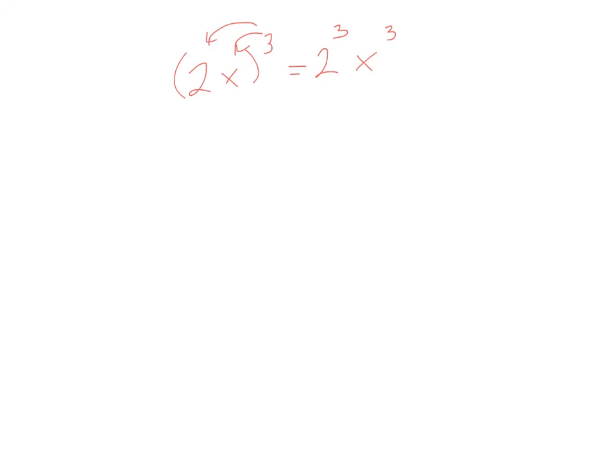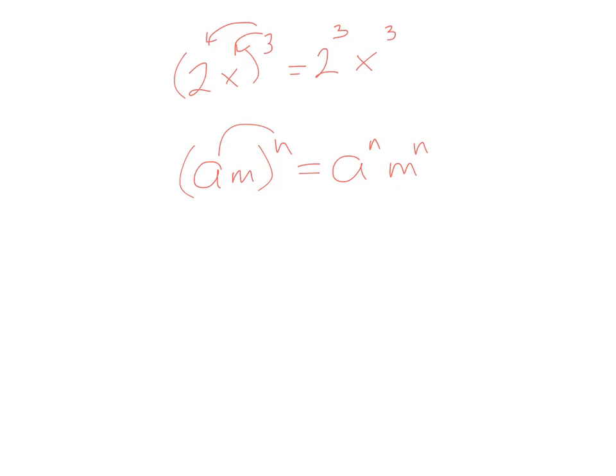And if you wanted to take this one further, that would be 8x to the 3rd, which we don't have to. But I wanted to show you the math term, what the math looks like. They have am to the n would become a to the n, m to the n.